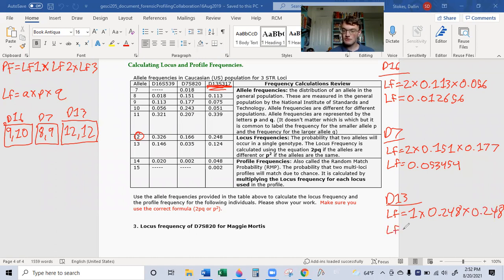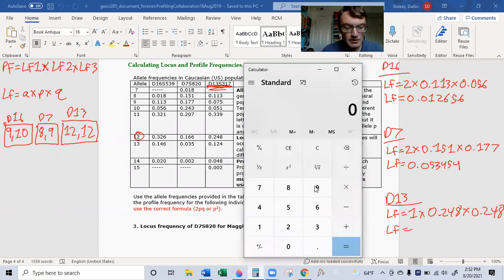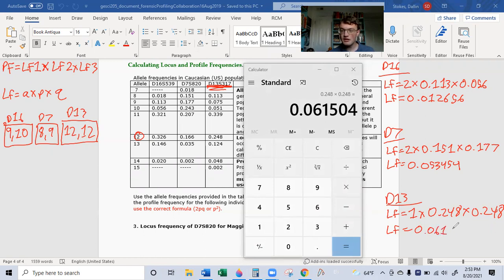So my locus frequency is going to be 1 times 0.248 times 0.248, which is equal to 0.061504.